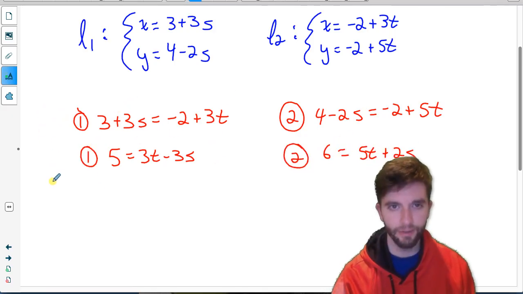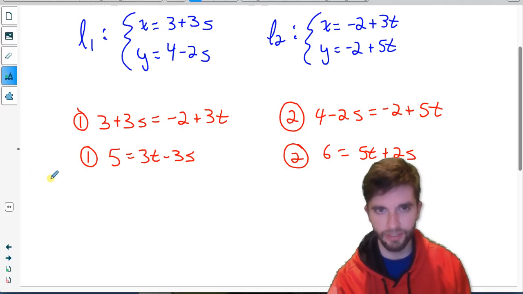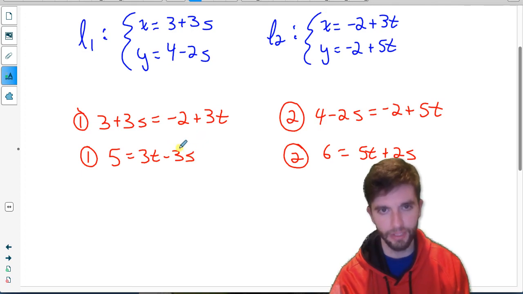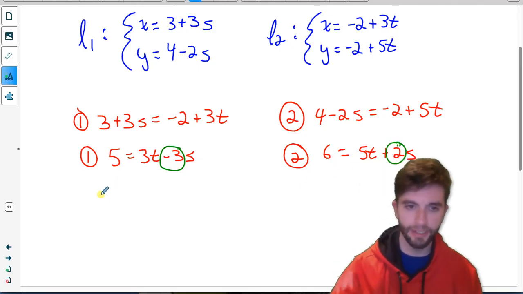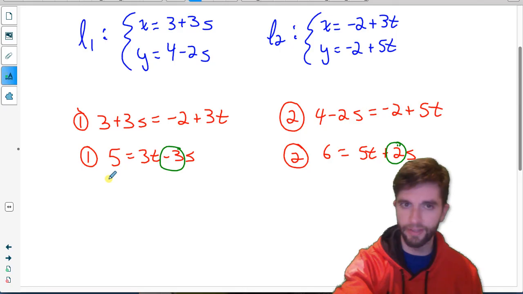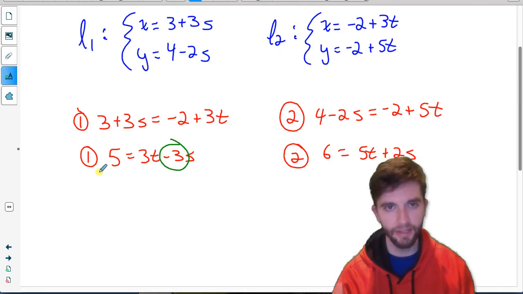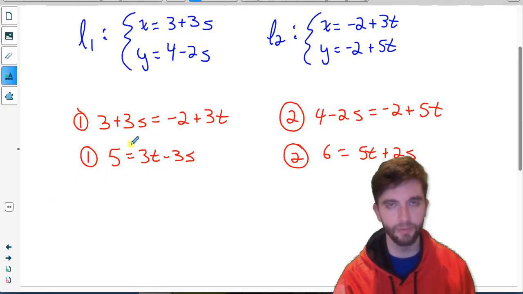Alright, so now I need to either eliminate the t variable or the s variable by adding and subtracting these equations. So I'm going to eliminate the s variable, so I'm going to make the coefficient of this s be -6 and the coefficient of this s be 6, and then I could add the equations and the s's will eliminate. So to make this a coefficient of -6, I would have to multiply this whole equation by 2.